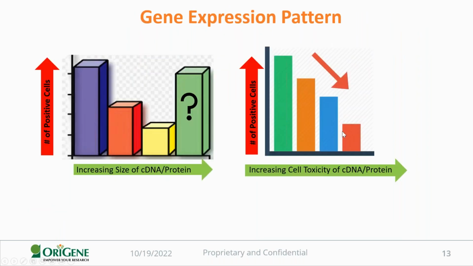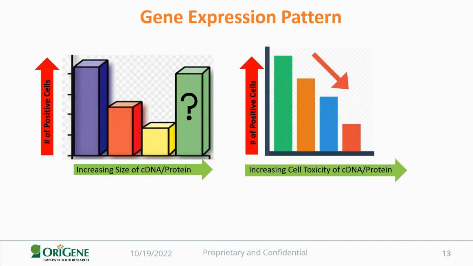The next question is gene expression pattern. One common misunderstanding is that if you have a positive control, every cell in that section will be stained, which is not the case. As you know, we take a plasmid and transfect it into a cell line, and not every cell is going to take it. Transfection efficiency can be maybe 10%, sometimes 5%.